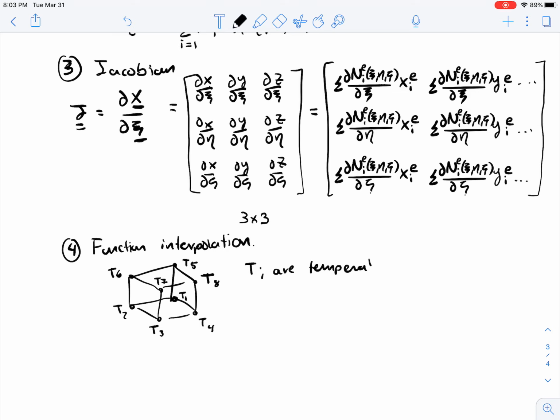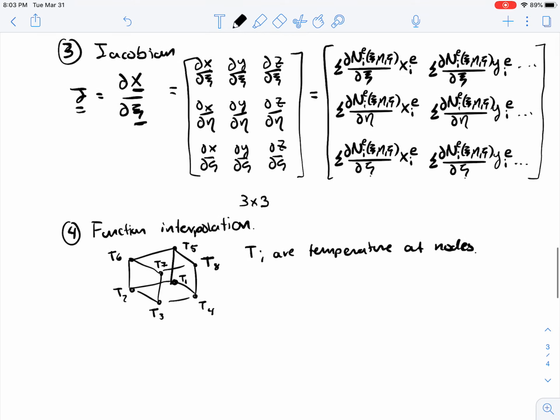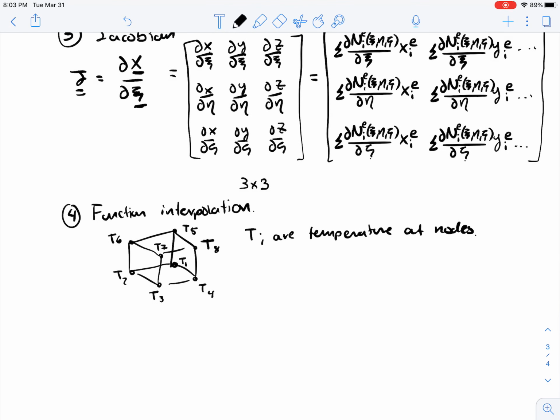So Ti are temperature values at nodes. Given that we know the temperature values of the nodes, we can express the temperature field, so interpolate the temperature inside of the element by using the shape functions, just as always.